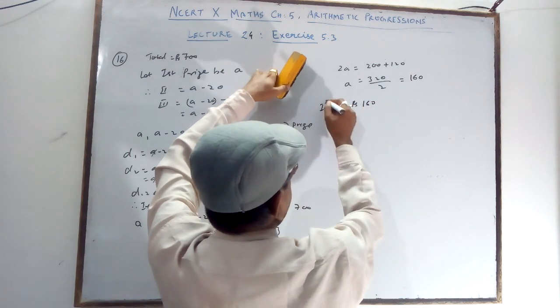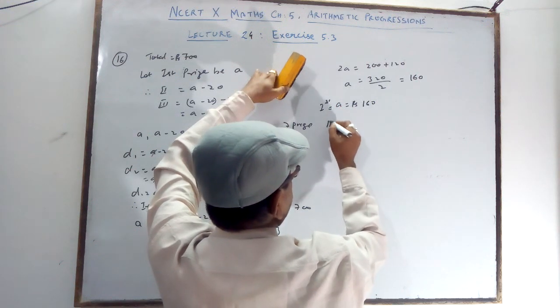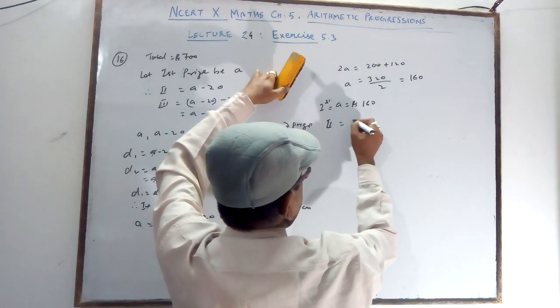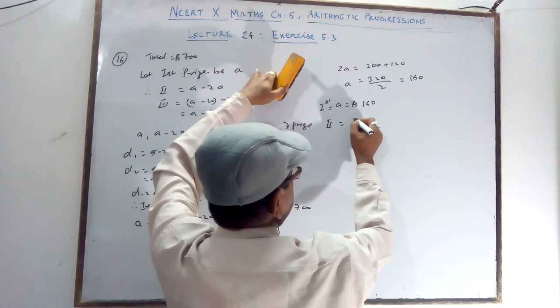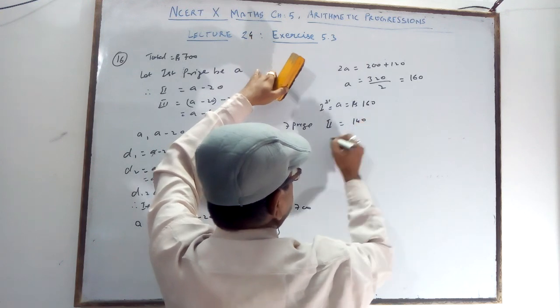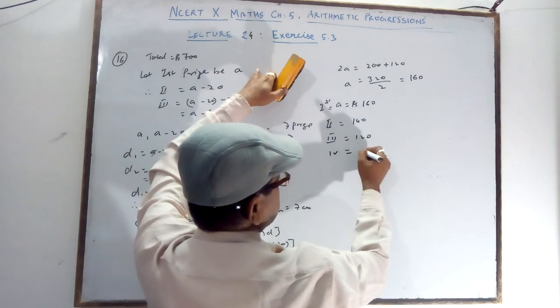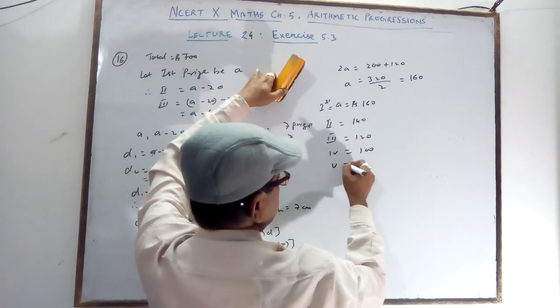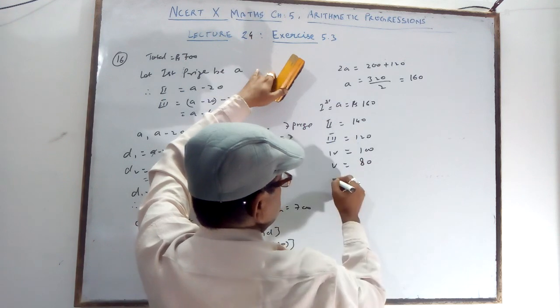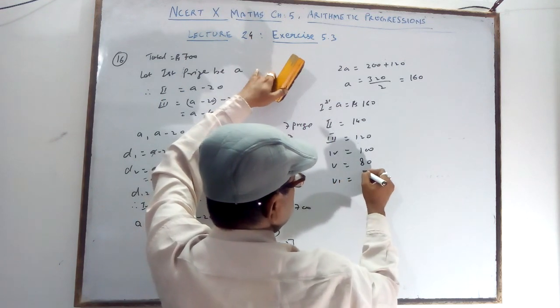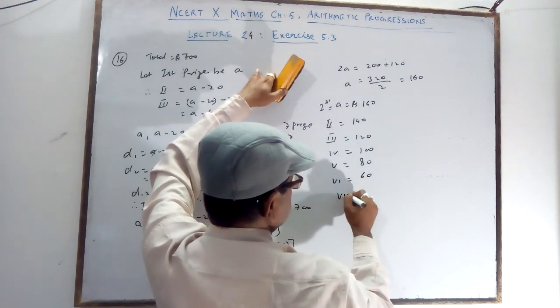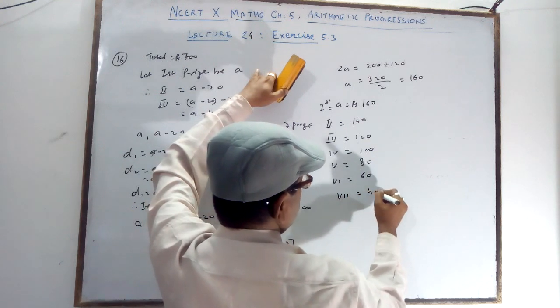It is your first prize. Second prize, 20 less than this, 140. Third prize, 120. Fourth prize, 100. Fifth prize, 80. Sixth prize, 60. And seventh prize is equal to 40.